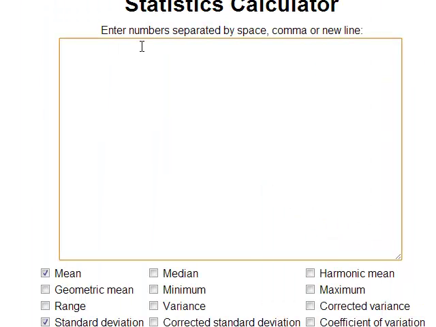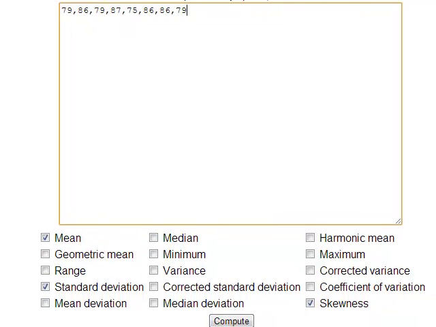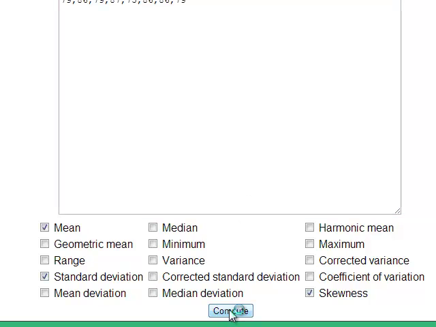So I'm going to type these in here: 79, 86, 79, 87, 75, 86, 86, and 79, and I got 8 data. And then I'm going to just hit compute.